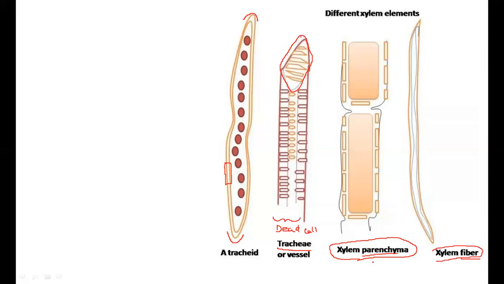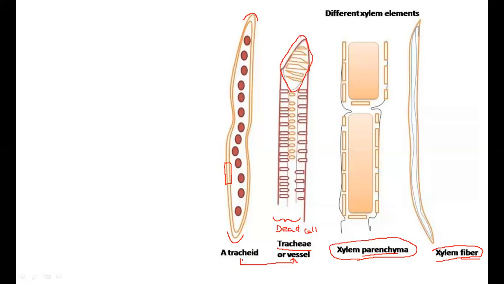So parenchyma basically provides nutrition or energy to the other parts, and fiber provides mechanical strength to the xylem. And the main function of the xylem is performed by these two types of cell.